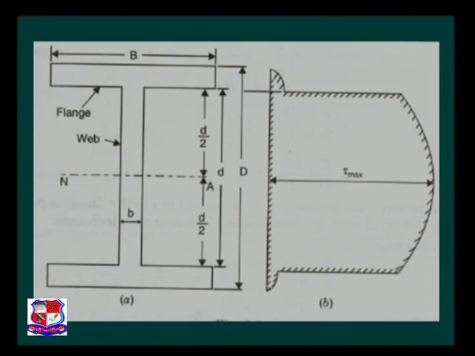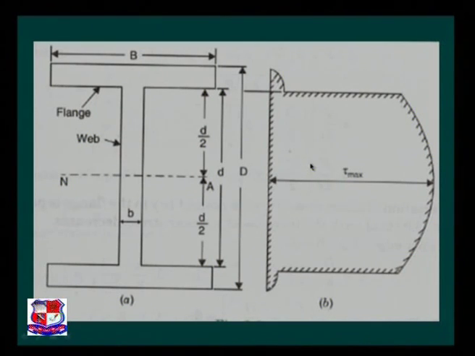Capital B is the width of the flange, small b is the width of the web, and that value is very much higher as far as this section is concerned. So very much lesser shear stress comes across the flange, and very much higher stress comes across the web.